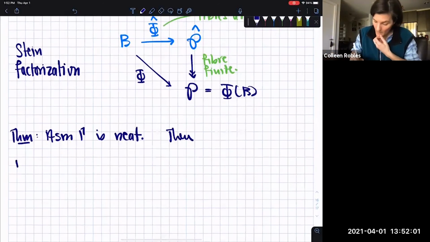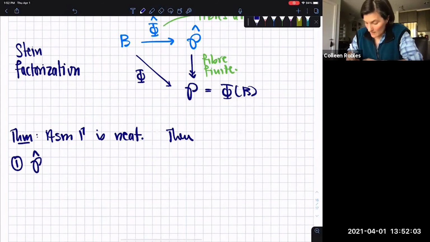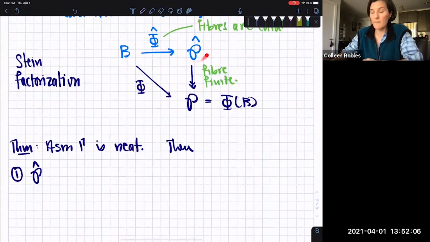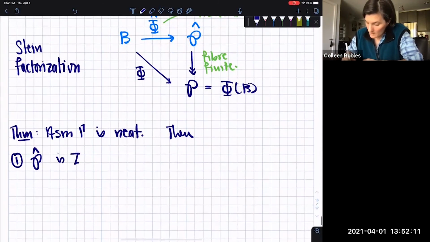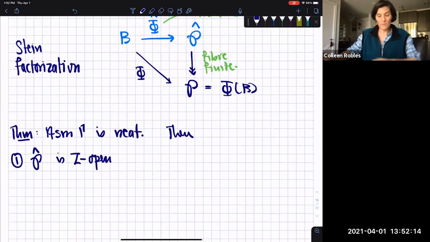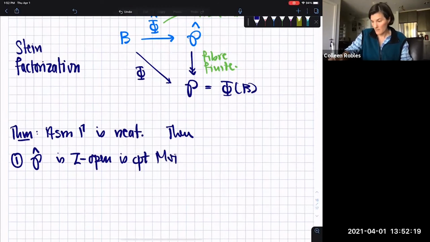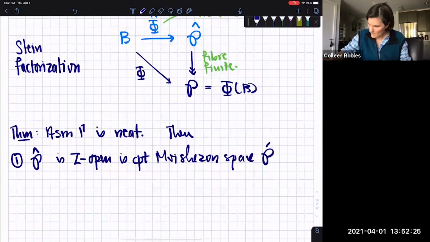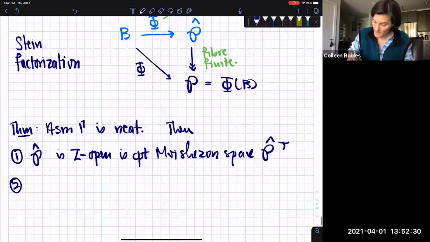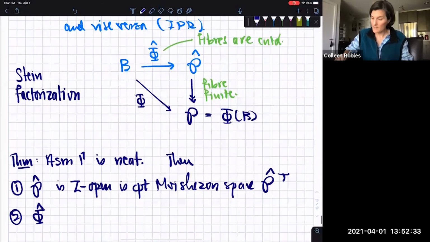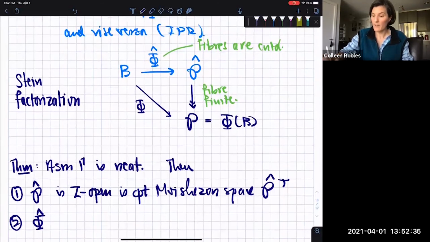Then the first statement is that this P hat, this finite cover of the image of the period map, is Zariski open in a compact Moishezon space, P hat T. And this finite cover, phi hat, of the period map itself extends.